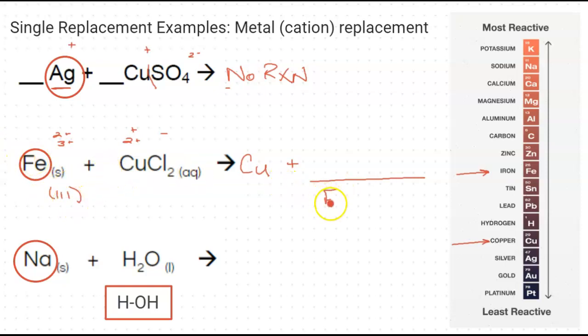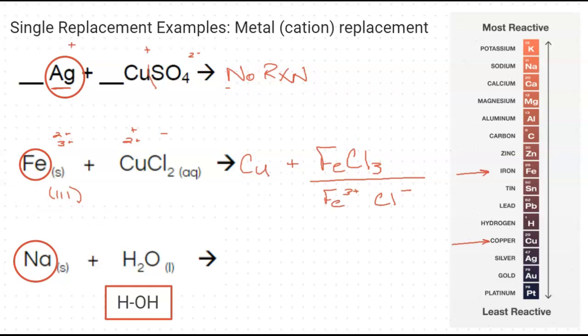So I've got iron with a 3 charge, and I've got chloride, which is just Cl-. Again, look those up on your periodic table, and I'm going to crisscross my charges and write my final answer in the blank, FeCl3. That would be my final answer.